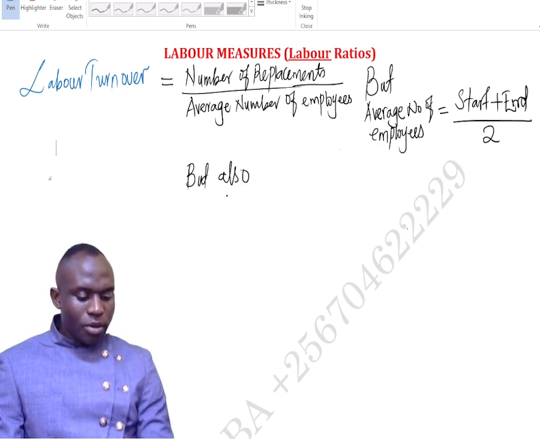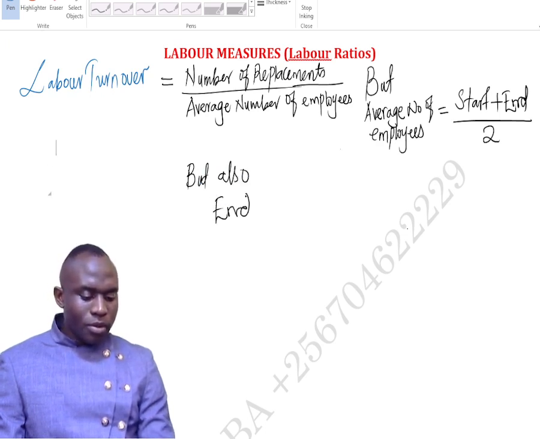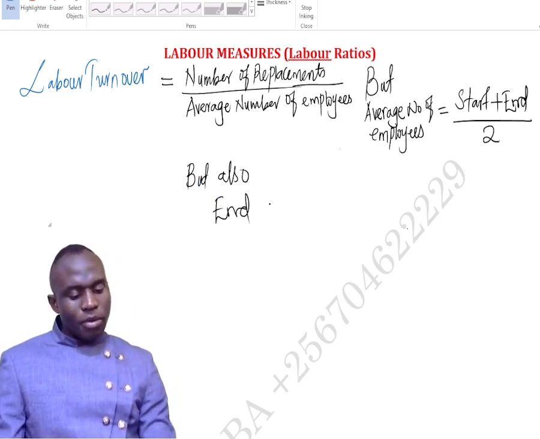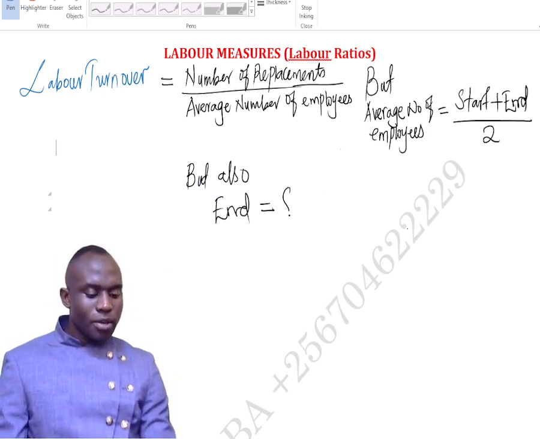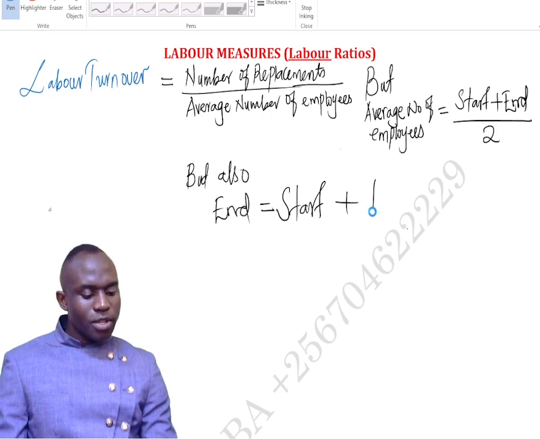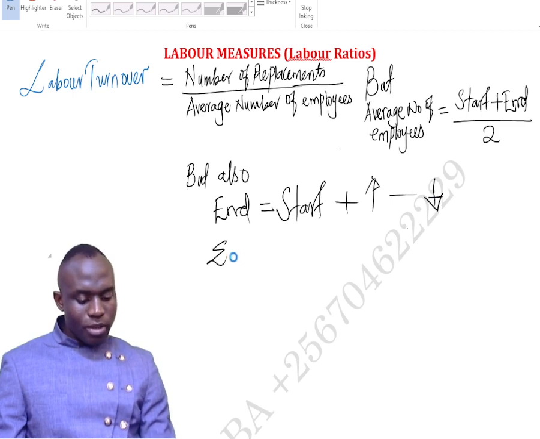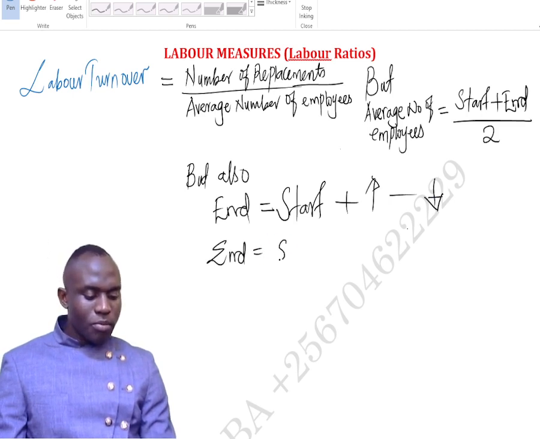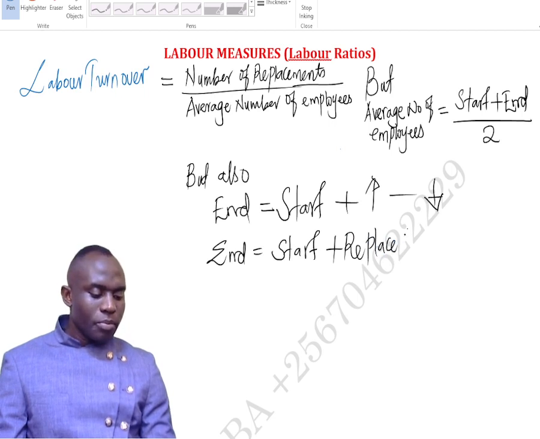Don't cram, just understand. It is people at the start, then plus what increases minus what reduces. So employees at the end is employees at the start of the year plus replacements, which increase, minus the number of people who have left.